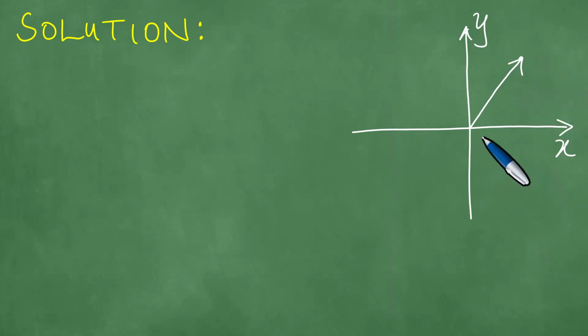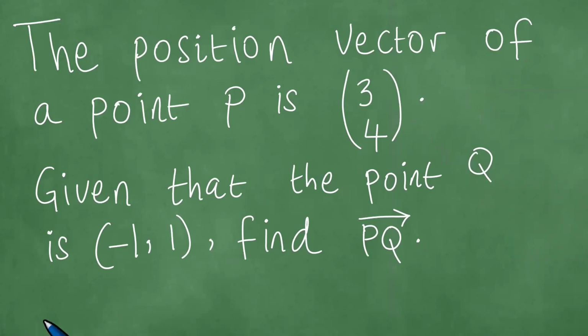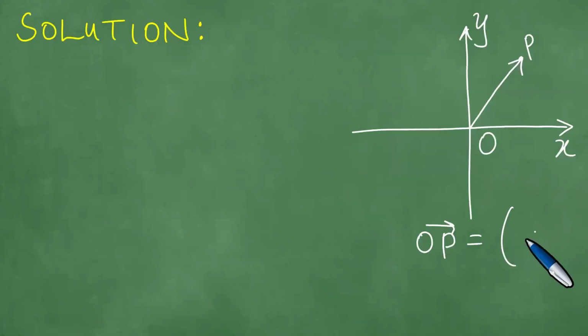So we have O here, and we have the point P, but we accept that the point P has the position vector, meaning that OP is (3, 4). So we write here (3, 4). It then means that this point P will have the coordinates (3, 4).